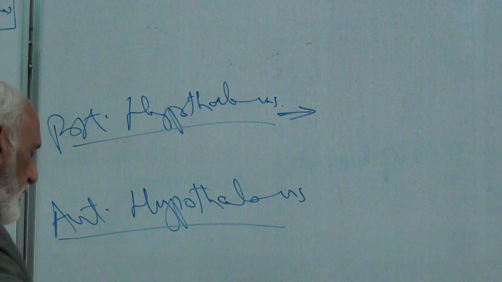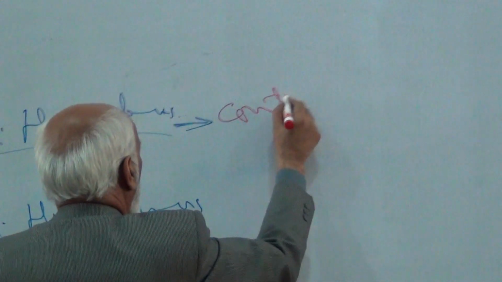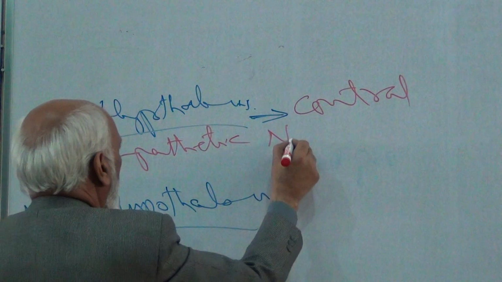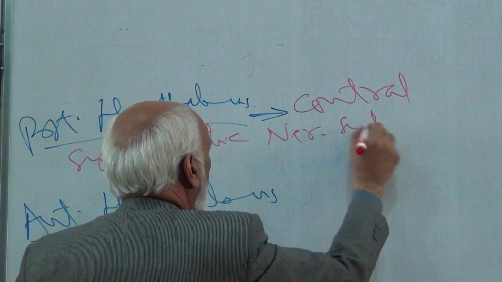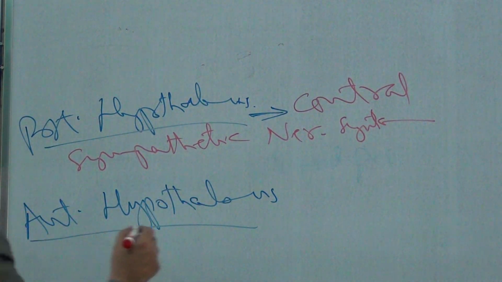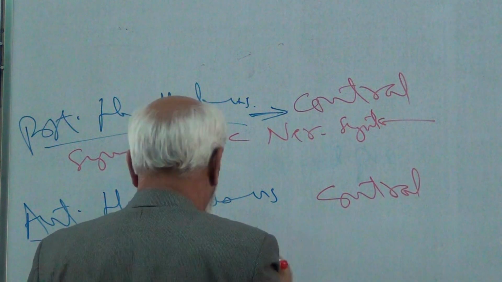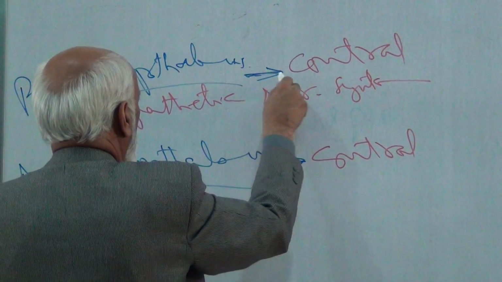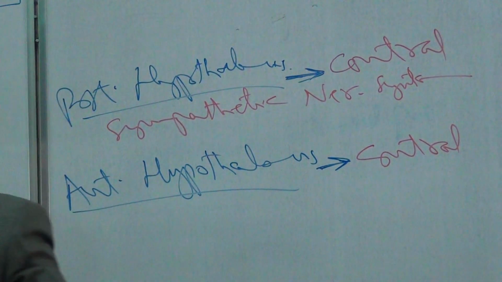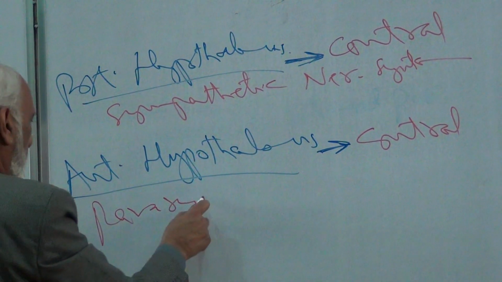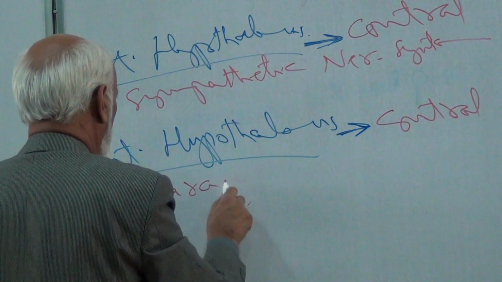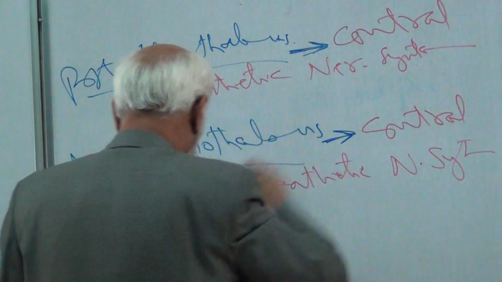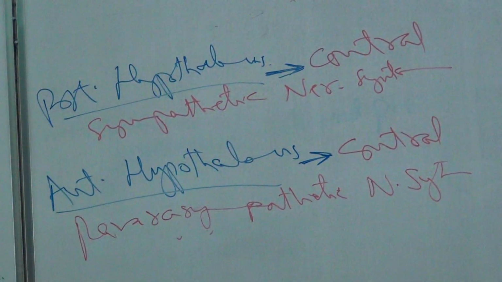The posterior part of the hypothalamus controls the sympathetic nervous system, while the anterior hypothalamus controls the parasympathetic nervous system. So we are dealing with Horner syndrome.